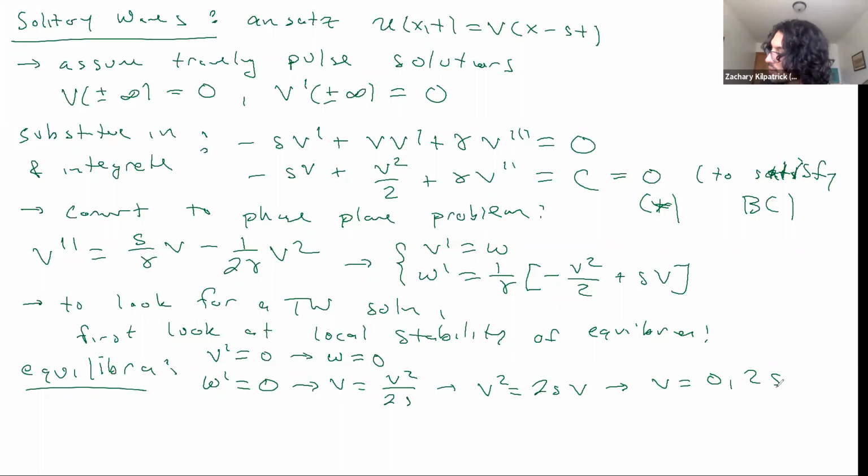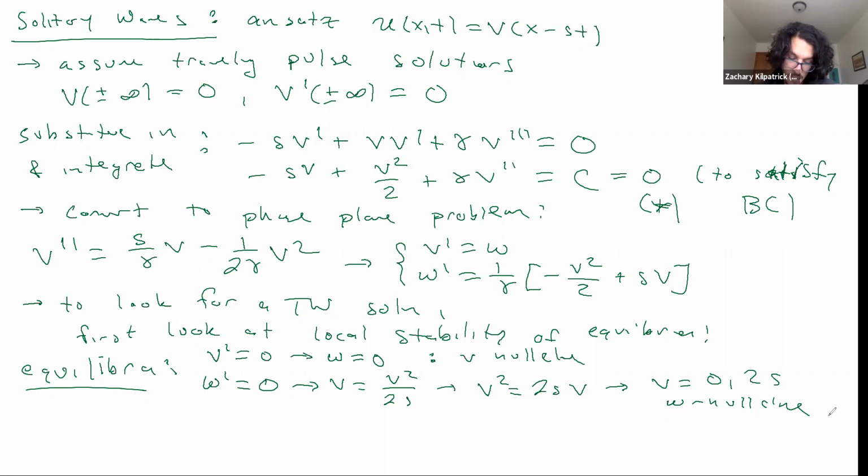So these are our two nullclines, right? So our V nullcline is just W equals 0, and our W nullcline is V equals 0 or V equals 2S, okay? So I can draw all this out.